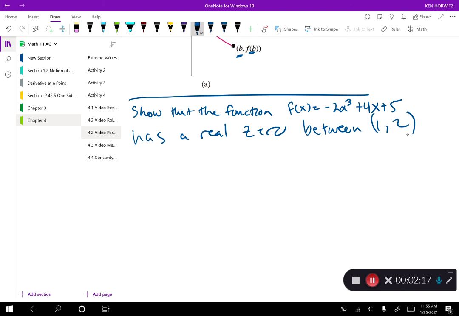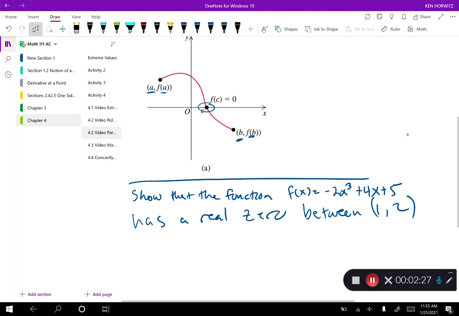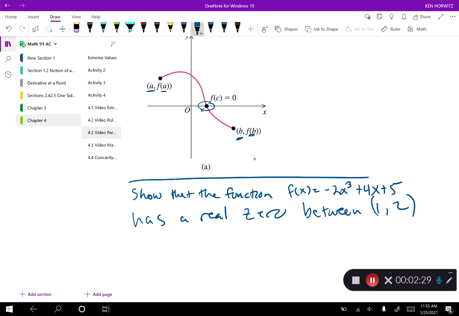All right. So the intermediate value theorem says if my function is continuous and I have opposite signs for my y values, right? For my y values, that means I have to pass through 0 at some point, right? I've got a y value that's positive, a y value that's negative. I have to pass through 0 at some point.